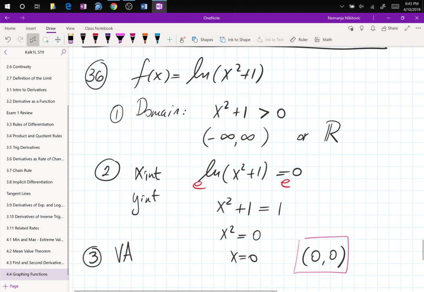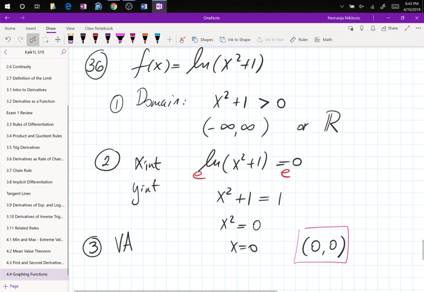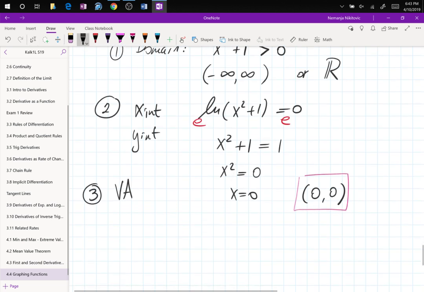This plus 1 killed the asymptote because there's no way to make a 0, right? ln of 0 is what produces an asymptote. So if you want to find the vertical asymptote for ln, you would have to take the argument and set it equal to 0. But that has no solution, so there is no vertical asymptote.